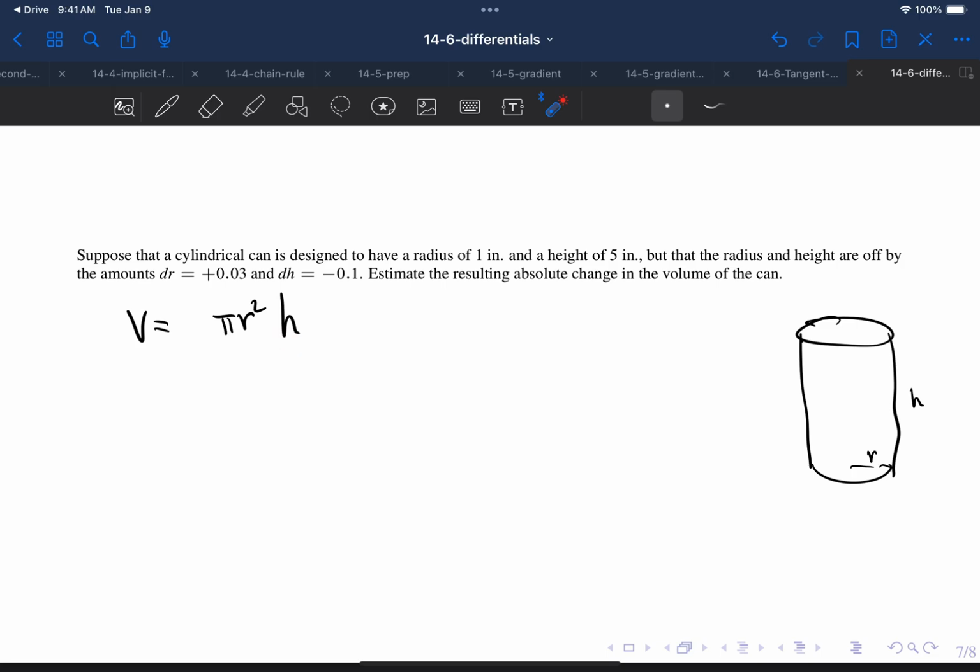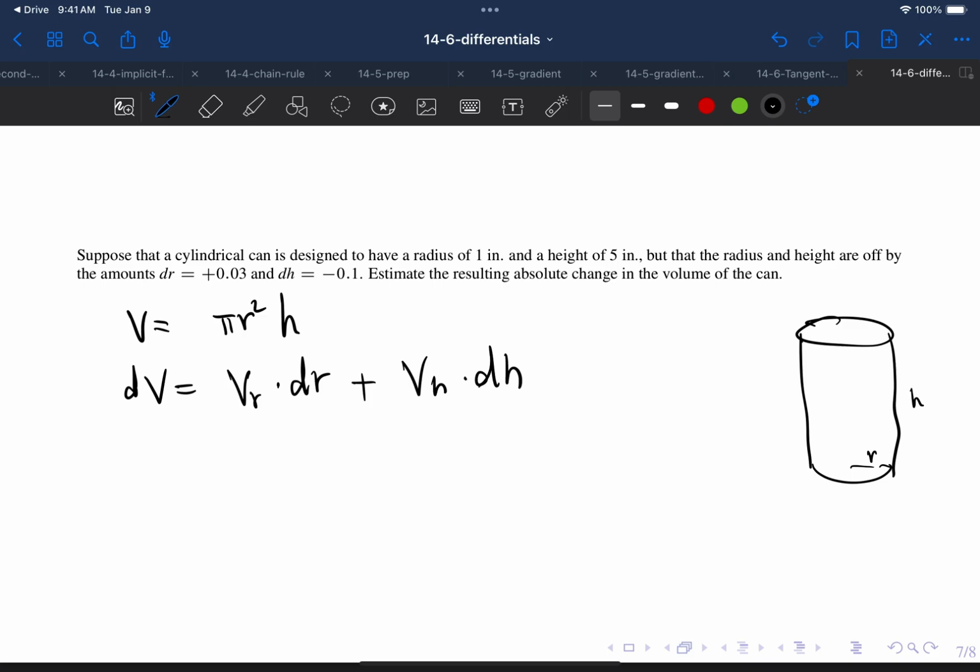But we can immediately think of this as a kind of surface in 3D, and the total differential dV, not F, is going to be VR dR. This is the rate of change due to R change, multiplied by the change in R, plus VH dH.